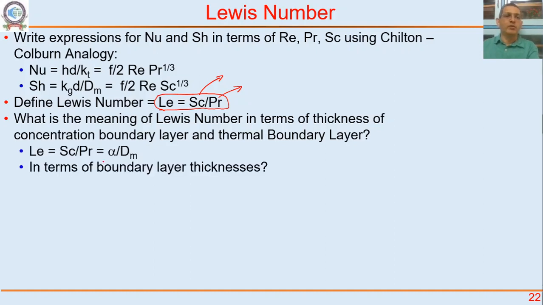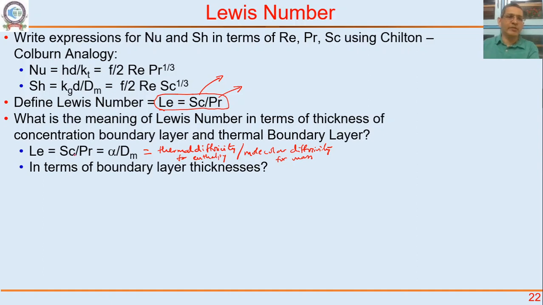So Lewis number would be alpha, thermal diffusivity, by molecular diffusivity. It is a ratio of thermal diffusivity divided by molecular diffusivity for mass. Thermal diffusivity for enthalpy, molecular diffusivity for mass.